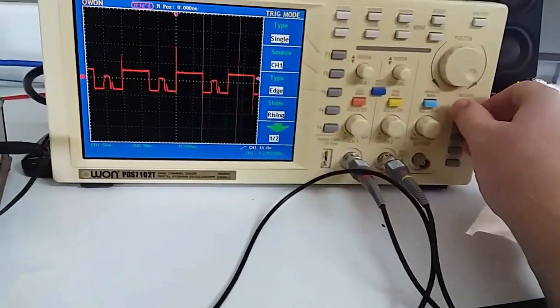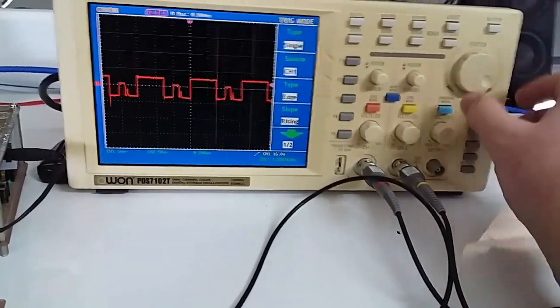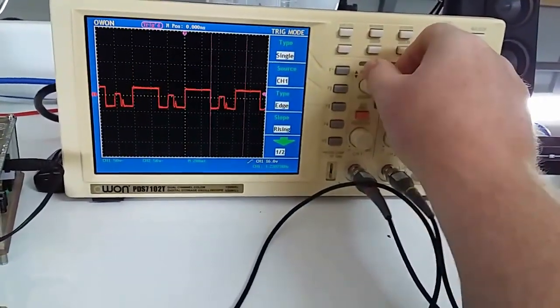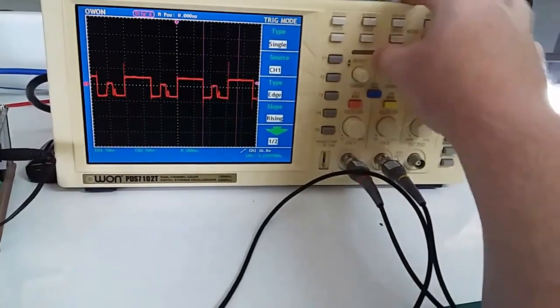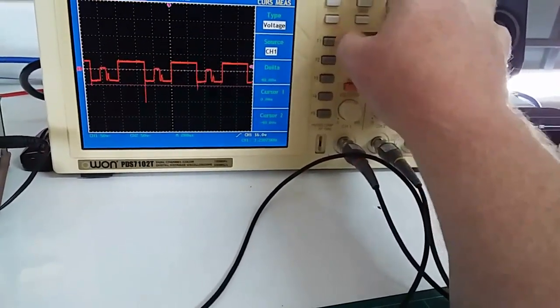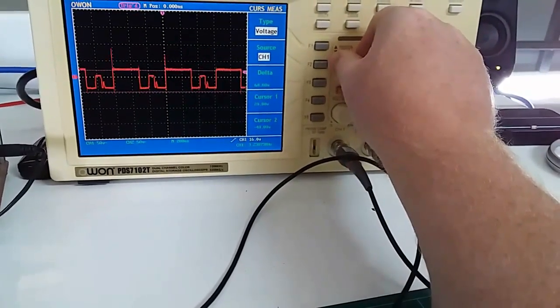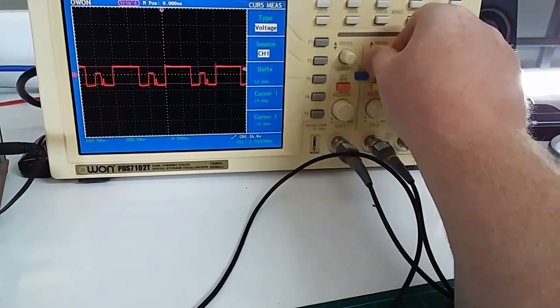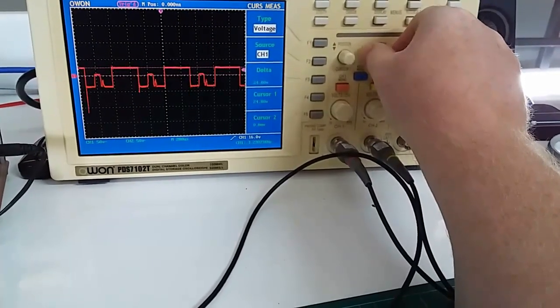Very careful, Christopher. Now on the scope you can see something that's very odd. We do have a DC offset there. If we set the cursors to voltage instead of time, so that's about our peak, about 0.